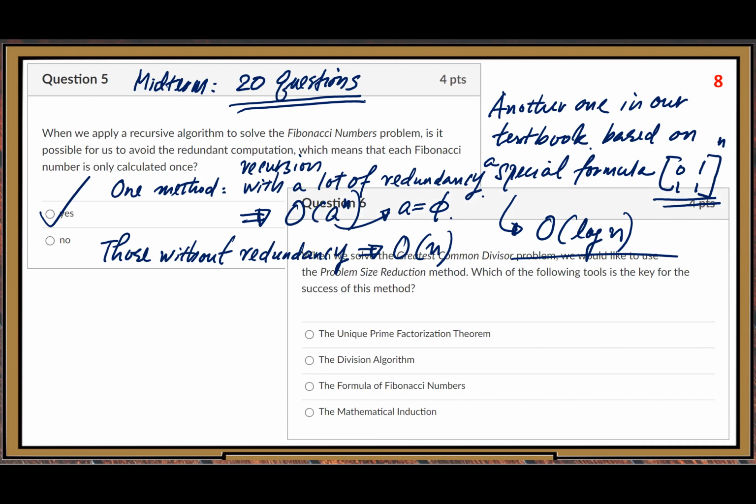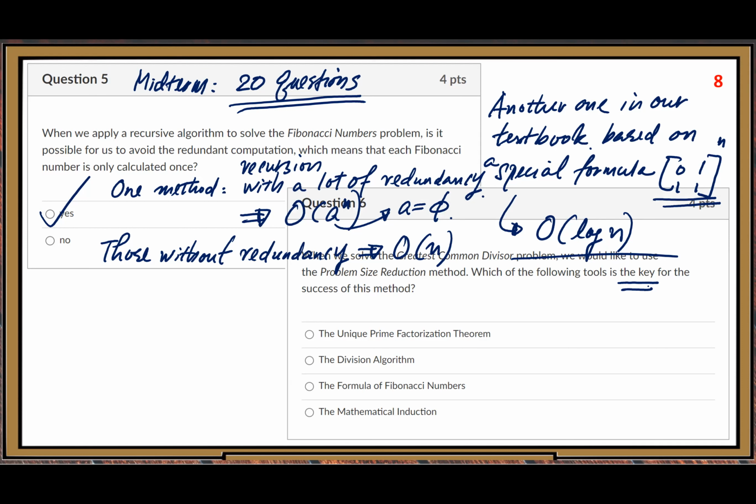All right. Next question, number 6. Greatest common divisor problem. We would like to use the problem size reduction method. Which of the following tools is the key for the success of this method? This question is designed to check your understanding.